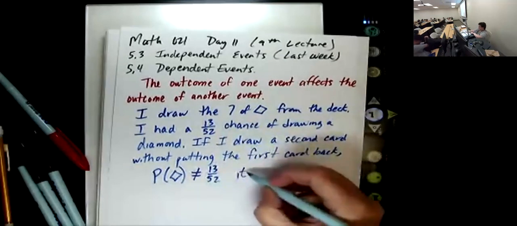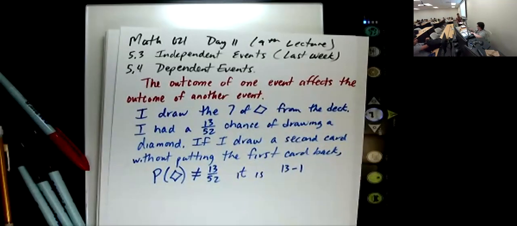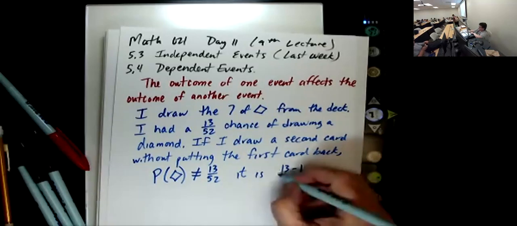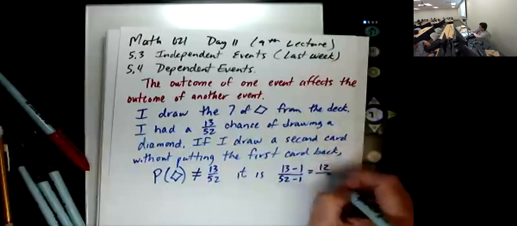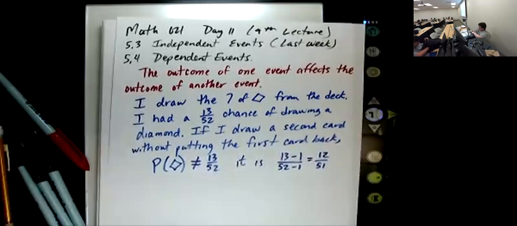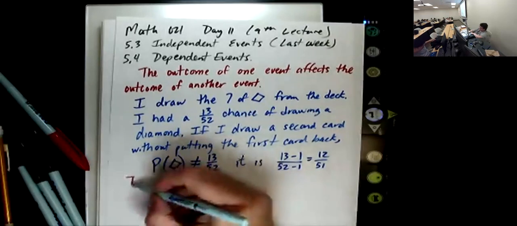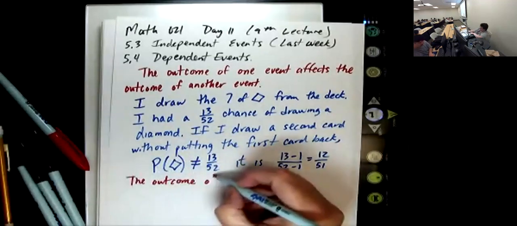It is 13 minus 1, we already drew one diamond out, over 52 minus 1, there's one less card in the deck. It's 12 out of 51 now. The probability has changed. The outcome of drawing one diamond has affected the probability of drawing a second diamond.